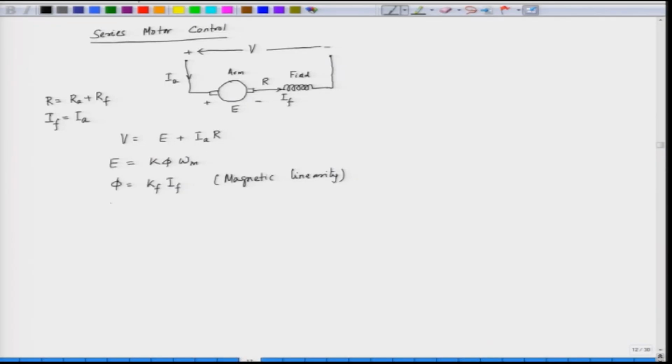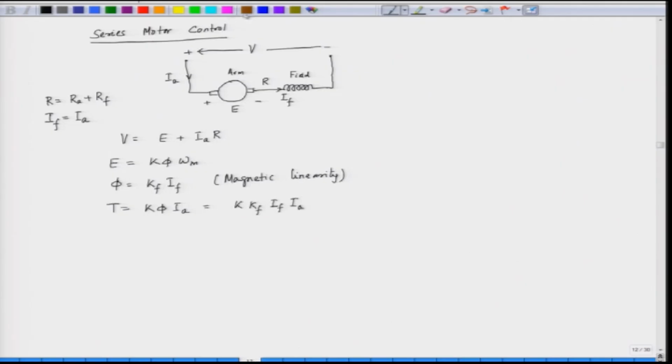Now, when we apply this in the equation for the torque, torque is given as K phi into the armature current, that is equal to K, and phi is Kf into If, so Kf If into Ia.